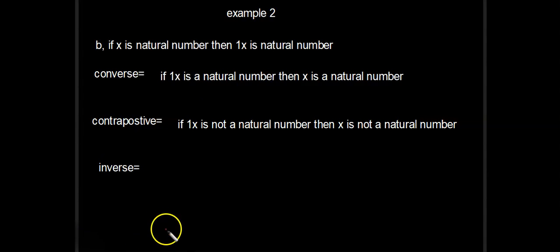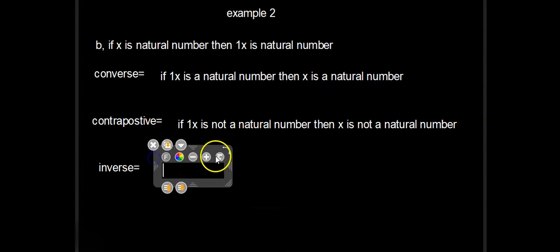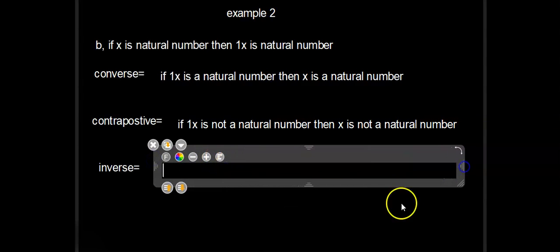Well, let's look at the last one, the inverse. My inverse will be, as I told you guys, I don't have to switch them. So for that reason, all I have to do is just put a negation sign, or not.